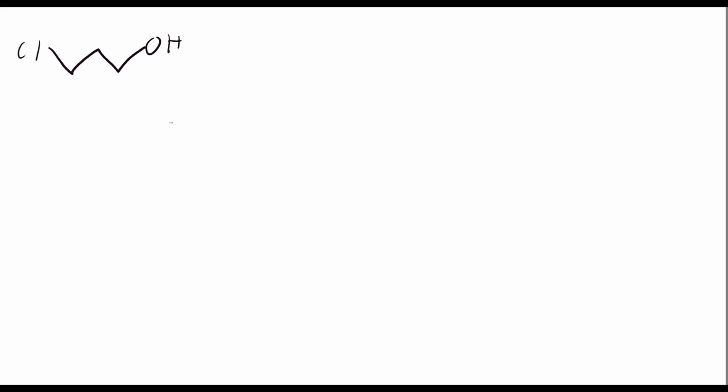Alright? So first we're going to name our number of carbons. So that's not a carbon, that's not a carbon. Those are actually bonds from the chlorine and the oxygen. Our carbons are this: 1, 2, and 3. Since it's 3, you're going to have methyl, ethyl, propyl. So it's actually a propane.